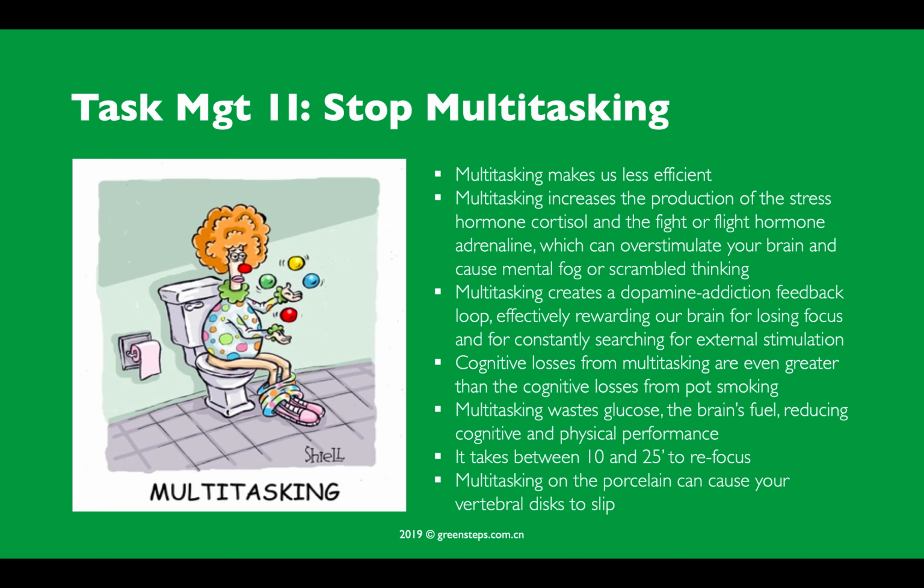Multitasking creates a dopamine addiction feedback loop, effectively rewarding our brain for losing focus and for constantly searching for external stimulation. Don't multitask. We have a lot of cognitive losses from multitasking, and this loss is greater than when you smoke pot.